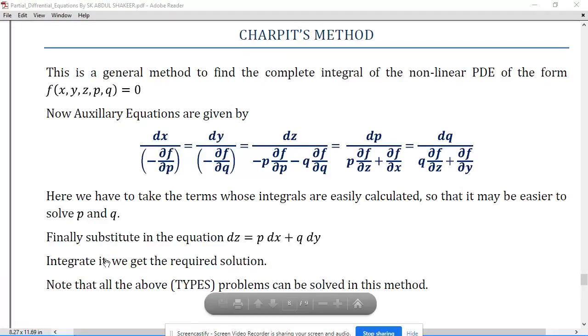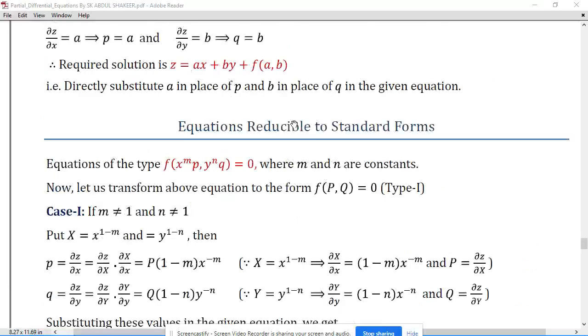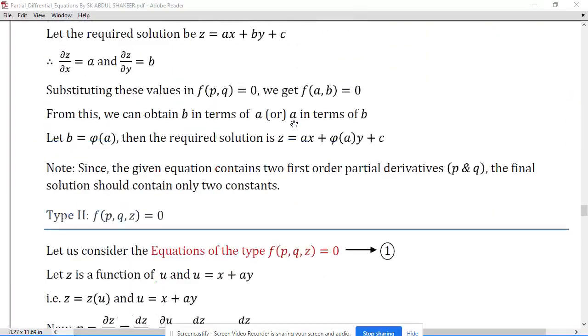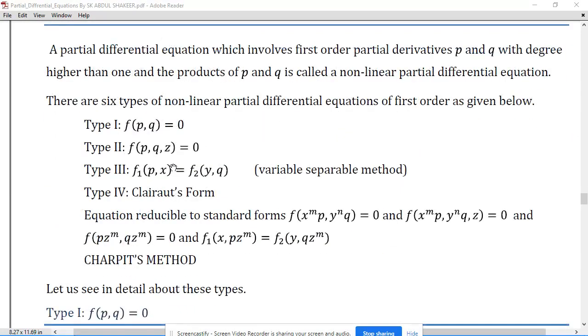Note the important point that the above five types of problems can also be solved by using Charpit's method. So the above types, once again: the first type is of the form f of p, q equal to 0, that is, the equation contains only p, q. The second type is the equation having p, q, z, f of p, q, z equal to 0.